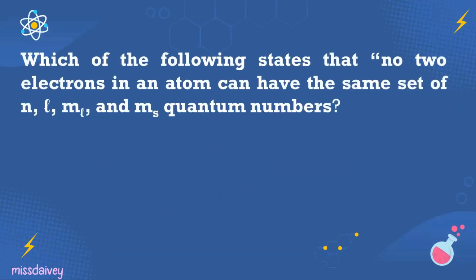Which of the following states that no two electrons in an atom can have the same set of n, l, ml, and ms quantum numbers?